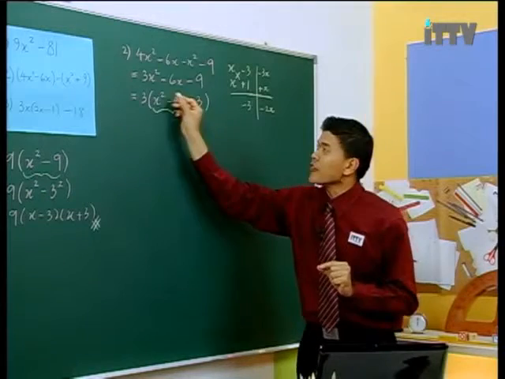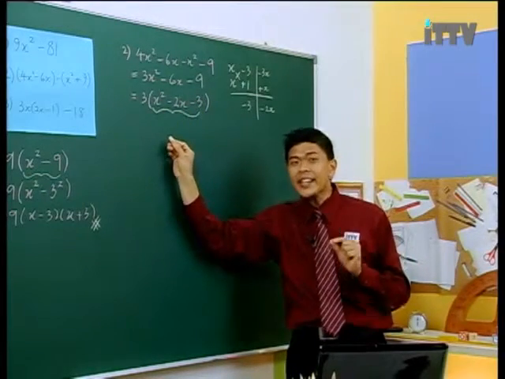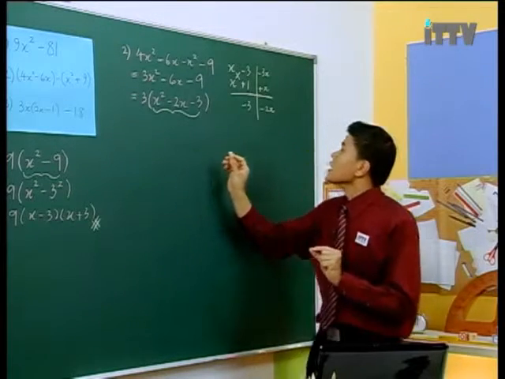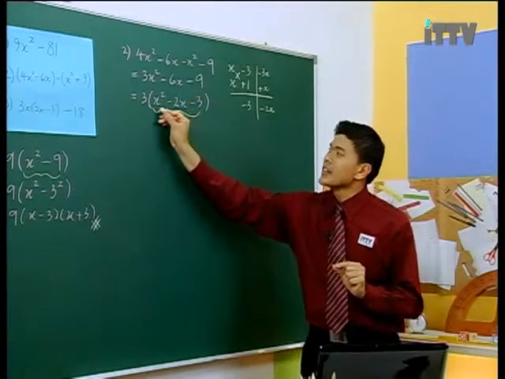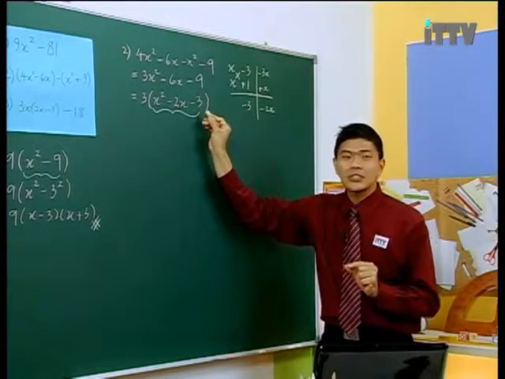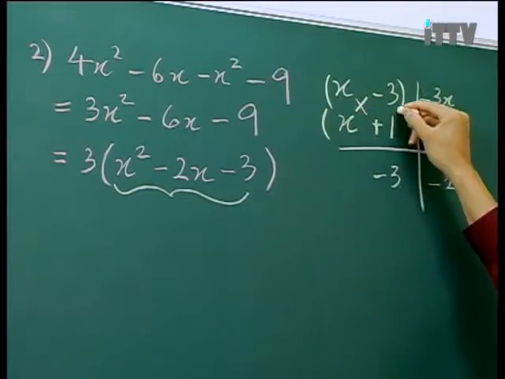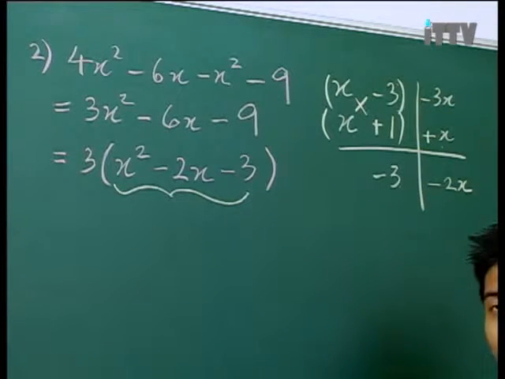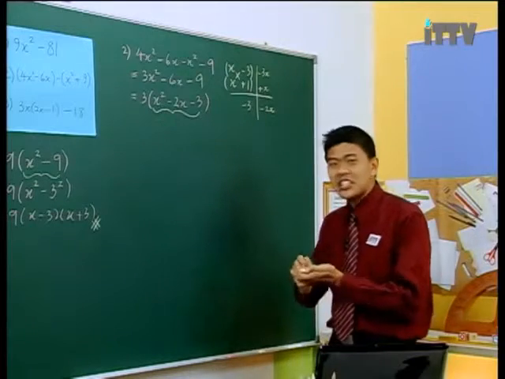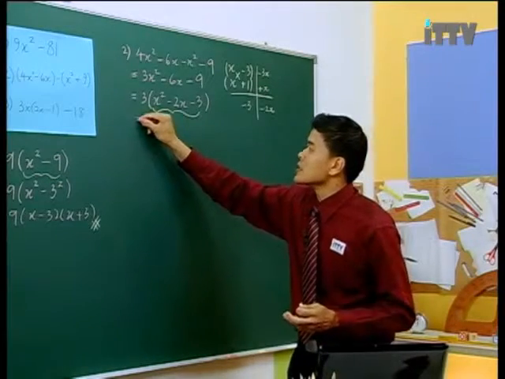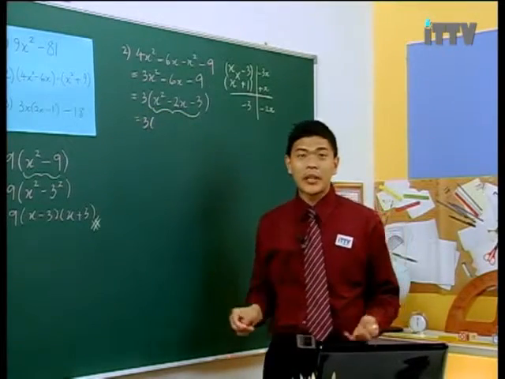Remember guys, we are only factorizing the quadratic expression in the bracket. So this expression x² - 2x - 3 can be further factorized to (x - 3)(x + 1). So now the factorization is complete because 3 remains out from the beginning.